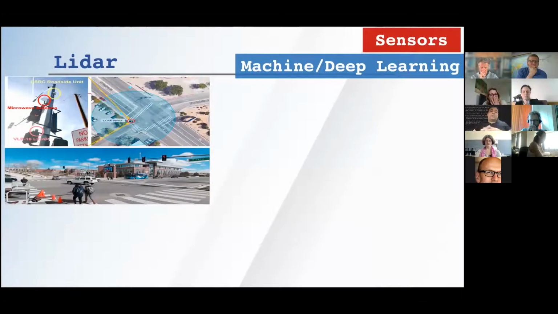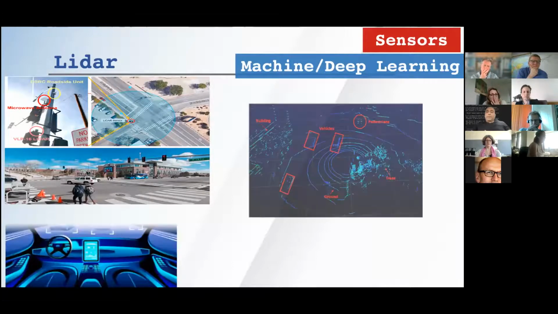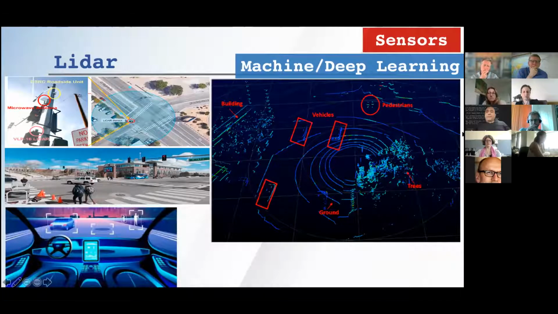But another application is to detect vehicles in the built environment, on the roads, for example, that we can detect pedestrians on the street and vehicles. So it can also be used in cars to detect either pedestrians or vehicles.